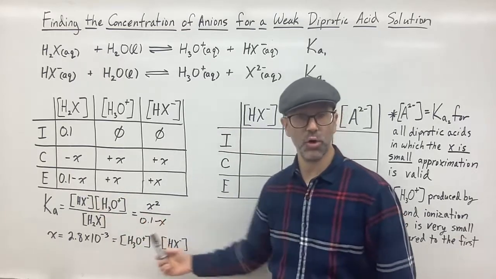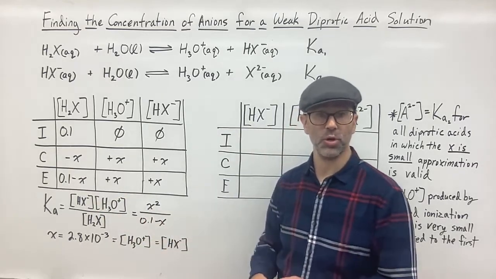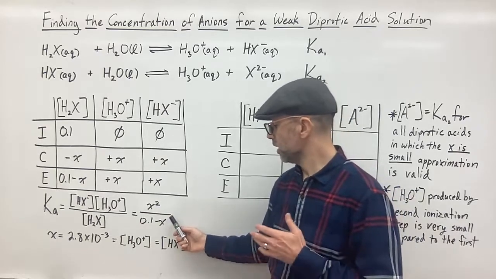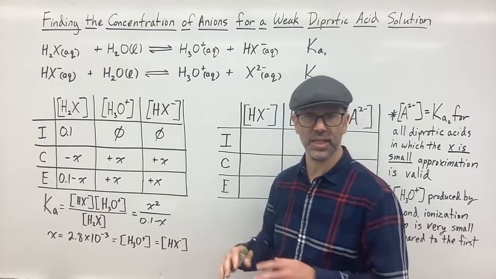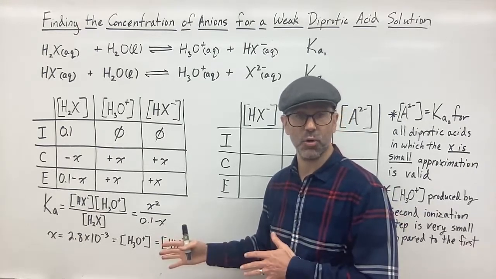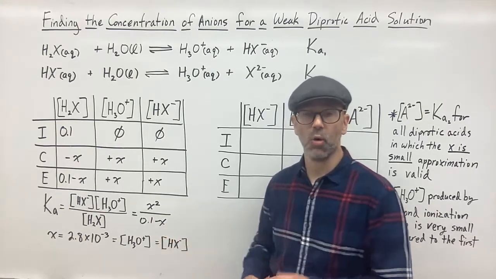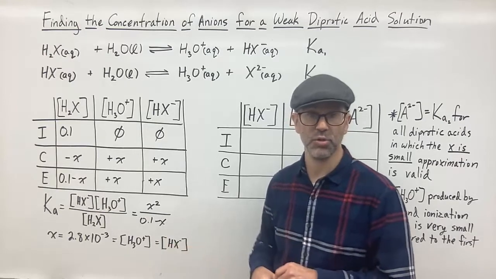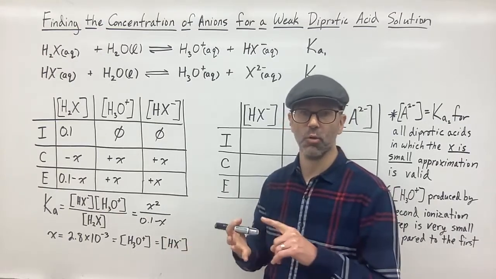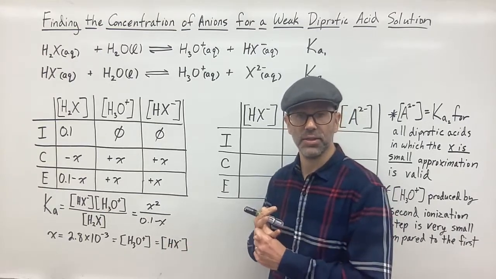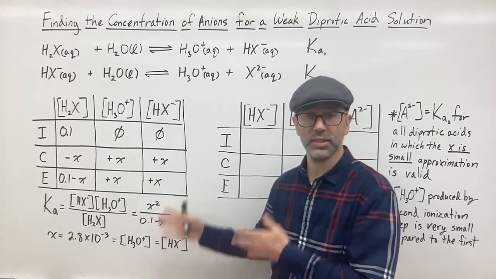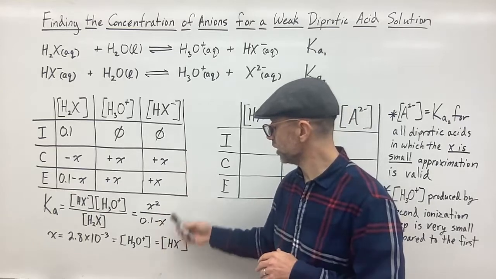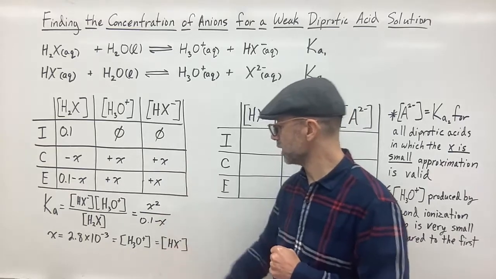Now, of course, at this point, we would do the x is too small approximation to simplify it, and then see if it's valid according to the 5% rule. If it's not valid, we would then use the quadratic formula or the method of successive approximations. But let's say we go ahead and do the simplification, the x is too small approximation.